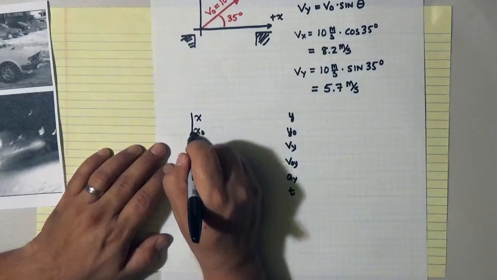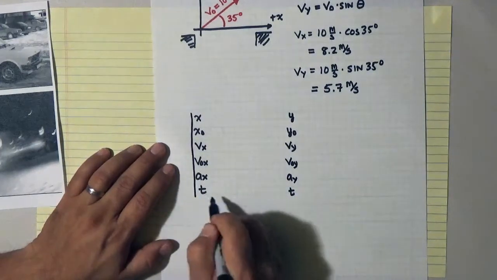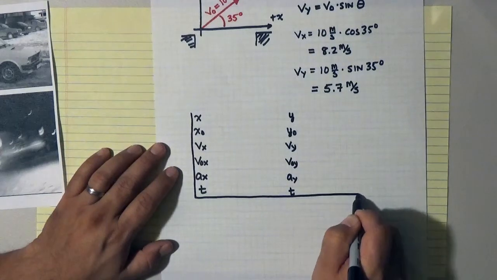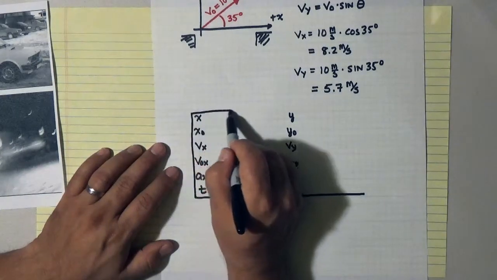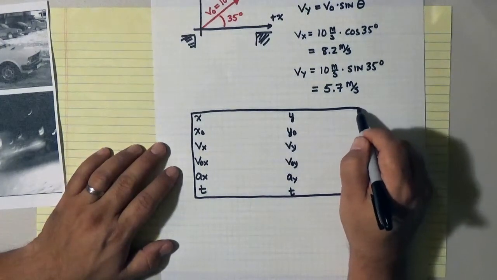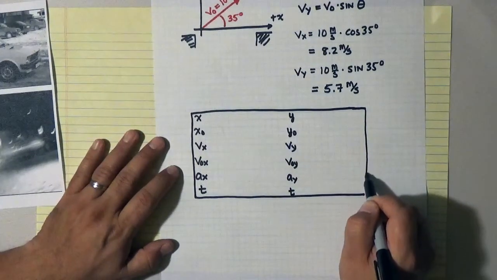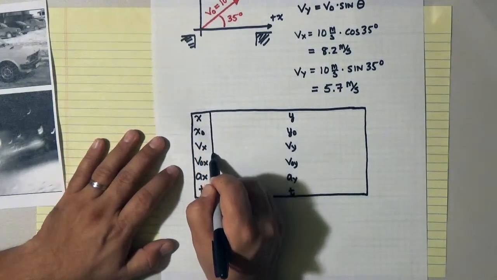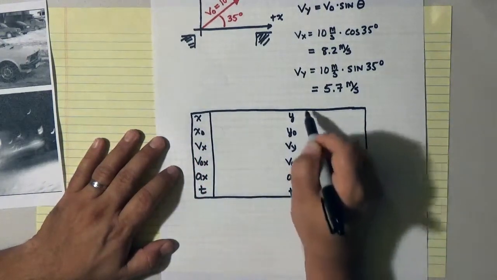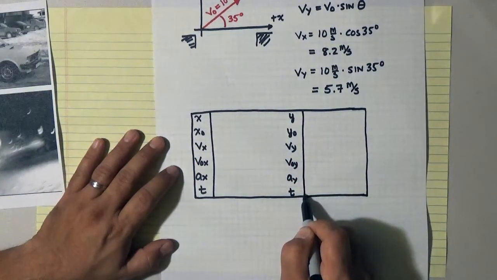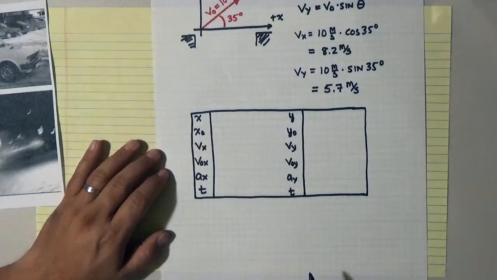Now, this problem is a constant velocity problem, but we go ahead and write out the full kinematic table as if there is acceleration, because we use the exact same set of kinematic equations for problems whether you have constant speed or acceleration. The constant speed problem, as we've discussed, is simply a special case where a is equal to 0.